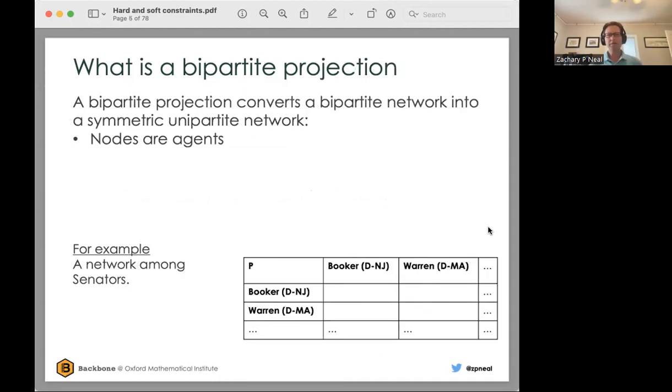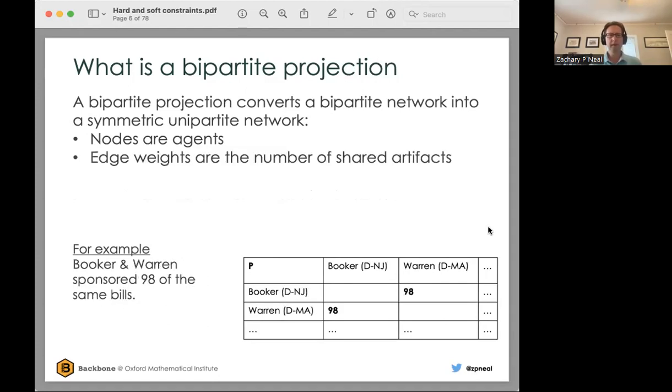From this, we can form a bipartite projection. A bipartite projection converts our original bipartite network into a symmetric unipartite network. In the projection, the nodes are the agents. For example, a bipartite projection of this bill sponsorship data would give us a network of senators. The edge weights in these bipartite projections capture the number of shared artifacts a pair of agents has.